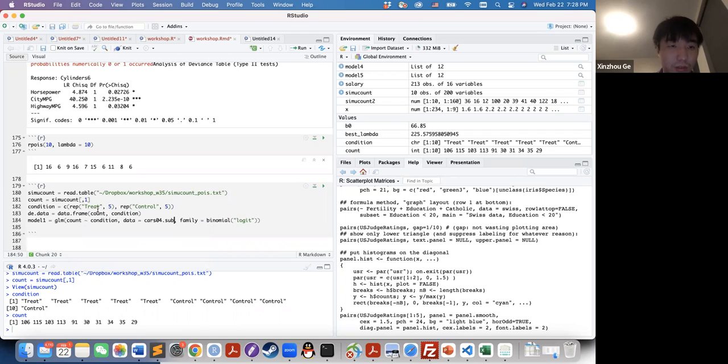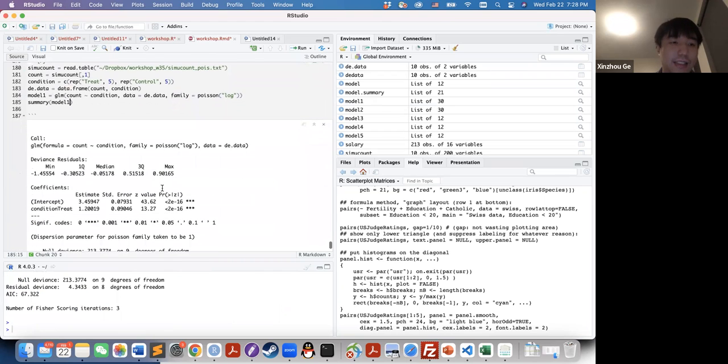We use the d.data dataset, and we make the family Poisson. Okay, this is how we do the Poisson regression. We still use the glm function, and we just change the family from binomial into Poisson, and log will be the link function. And then we can also use the summary function to get the interpretations.